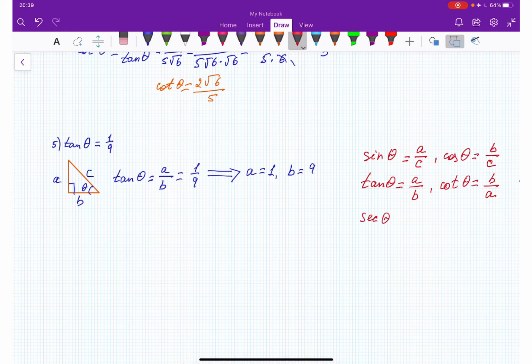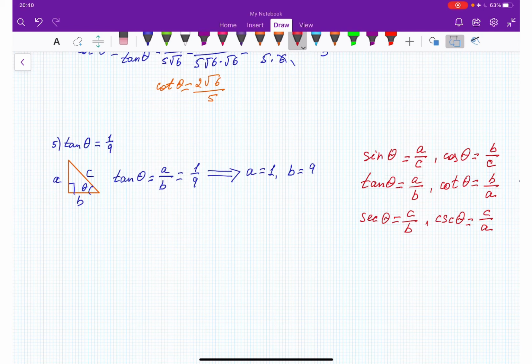Since secant is 1 over cosine, and cosine is B over C, we're going to flip, so it's going to be C over B, which is hypotenuse to adjacent leg, and cosecant is going to be hypotenuse to the opposite leg. This is why cosecant is equal to 1 over sine theta, and this is why secant is equal to 1 over cosine theta.